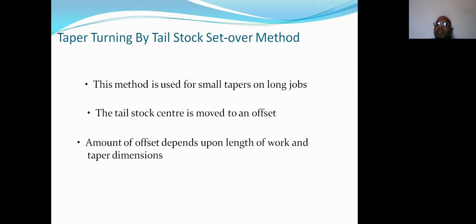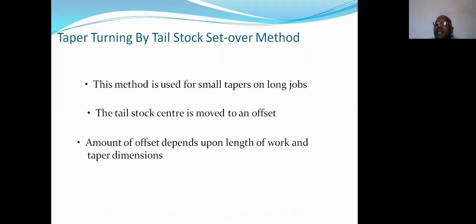In the previous two methods, that means either in the taper attachment method or in the compound rest method, the angle of taper is calculated by using a formula. In a similar process, in this tailstock method also calculation is required, but here the calculation is not in degrees. Here the calculation is of the offset required.